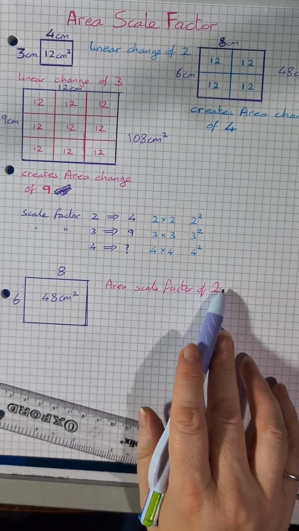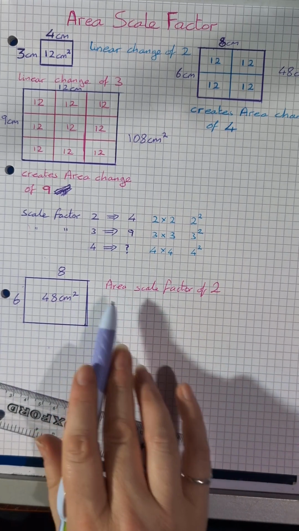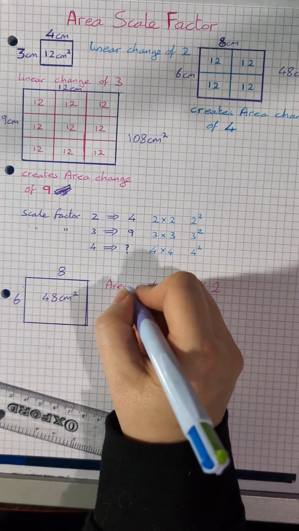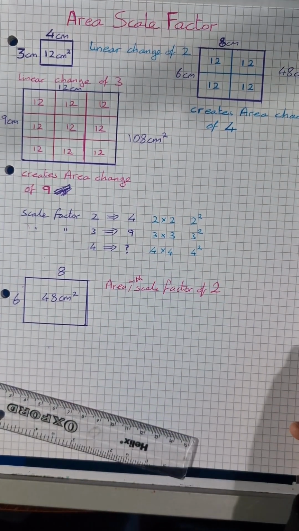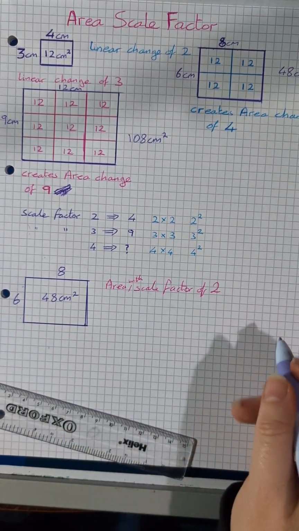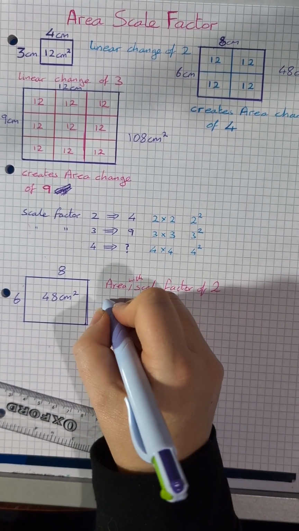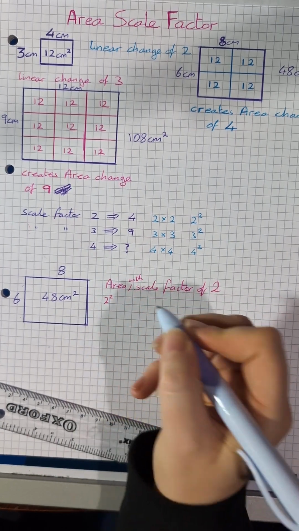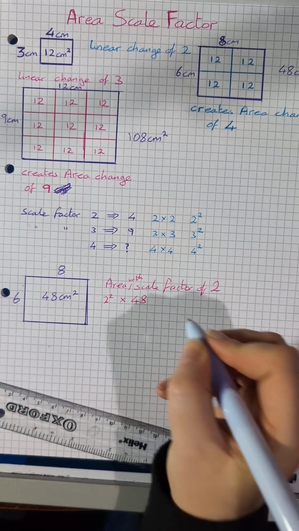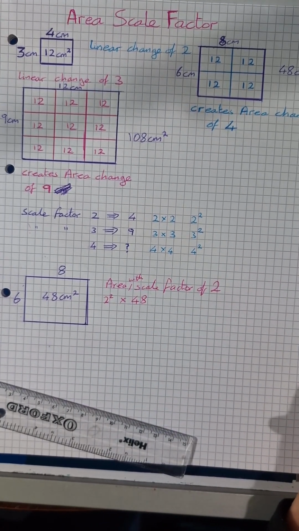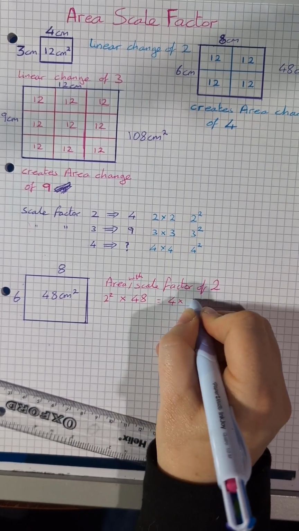then my linear scale factor is 2, my area, I should say area with scale factor of 2, my area will be 2 squared times my area. So that's 4 times 48.